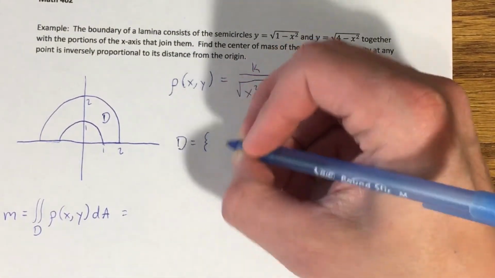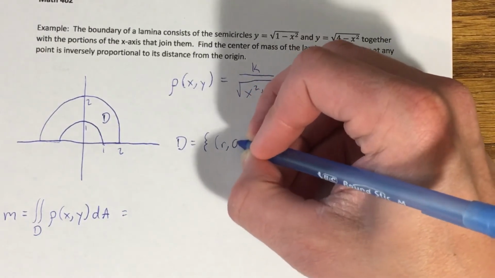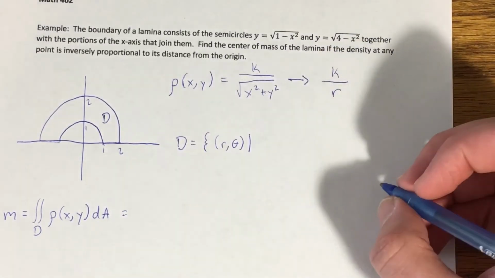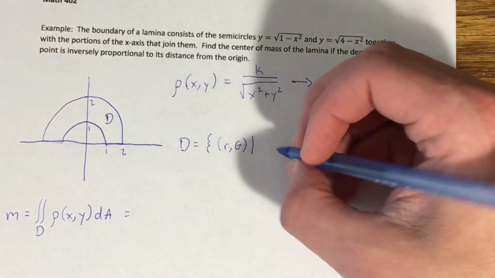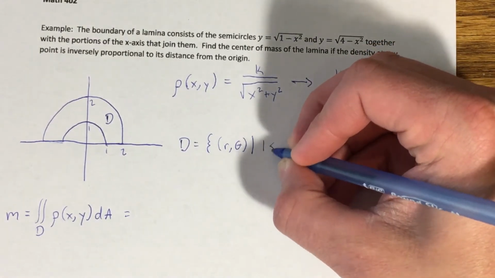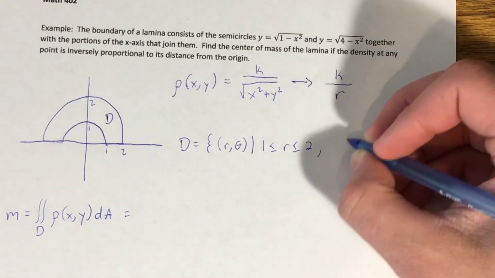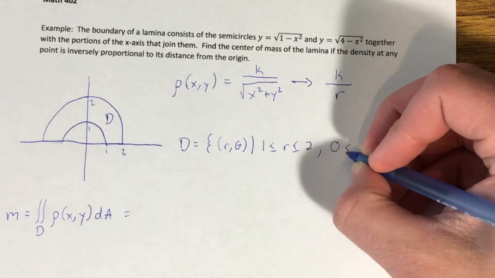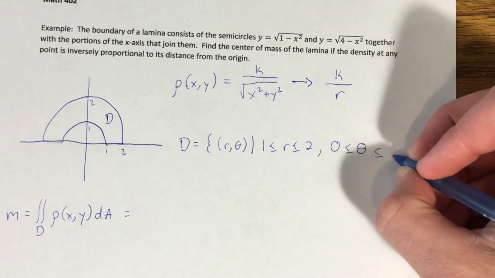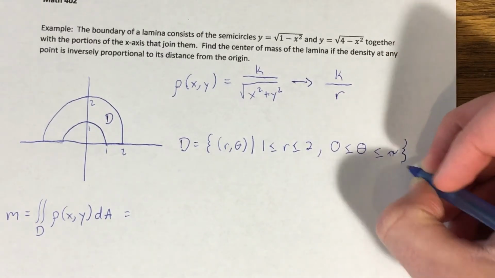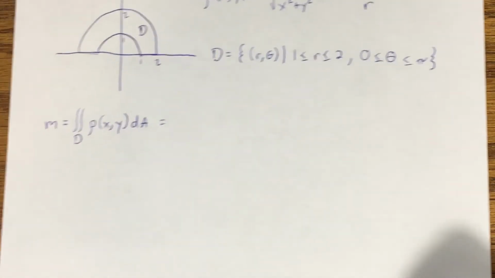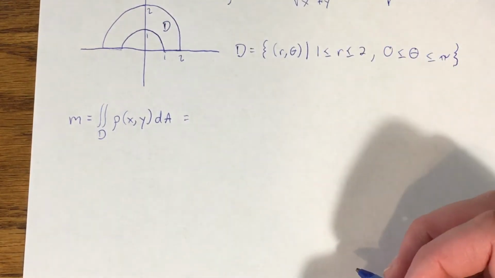D is going to equal the set of all r, theta such that, hopefully you've done enough of this by now that you can see where I'm going to get these from, r is between 1 and 2. Theta is between 0 and pi. Not 2 pi, but just pi for this example. Okay, so that gives me limits of integration to use.